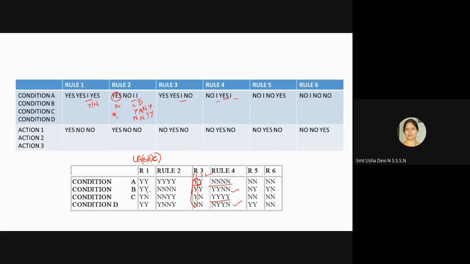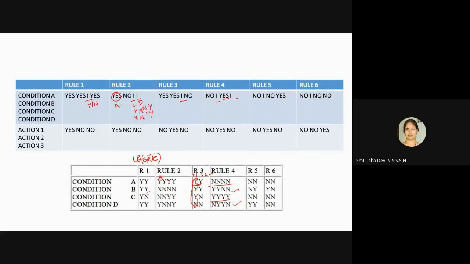A simple observation: if you have only one I, it is going to have two combinations, Y and N. If you have two I's, we are going to have four combinations, because these two I's take YY, YN, NY, NN. So that's fine.